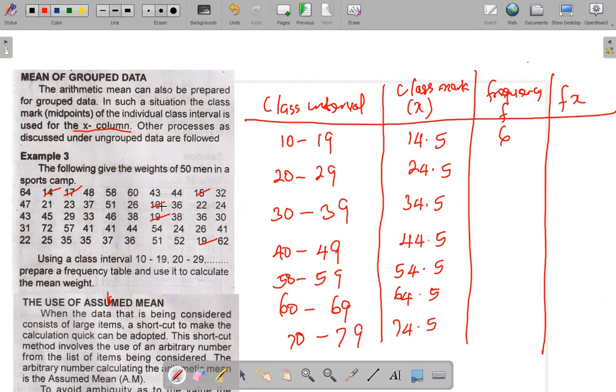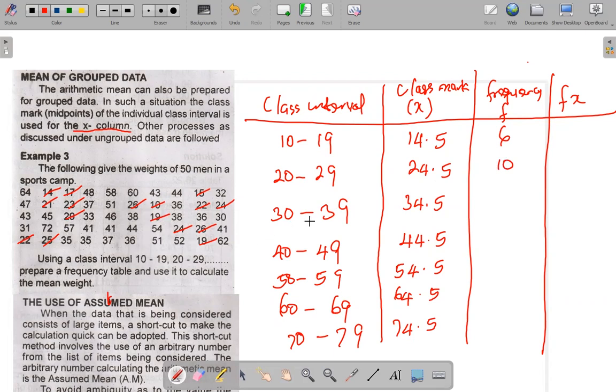Then 20 to 29, how many fall in there? 1, 2, 3, 4, 5, 6, 7, 8, 9, 10. Have 10 there.